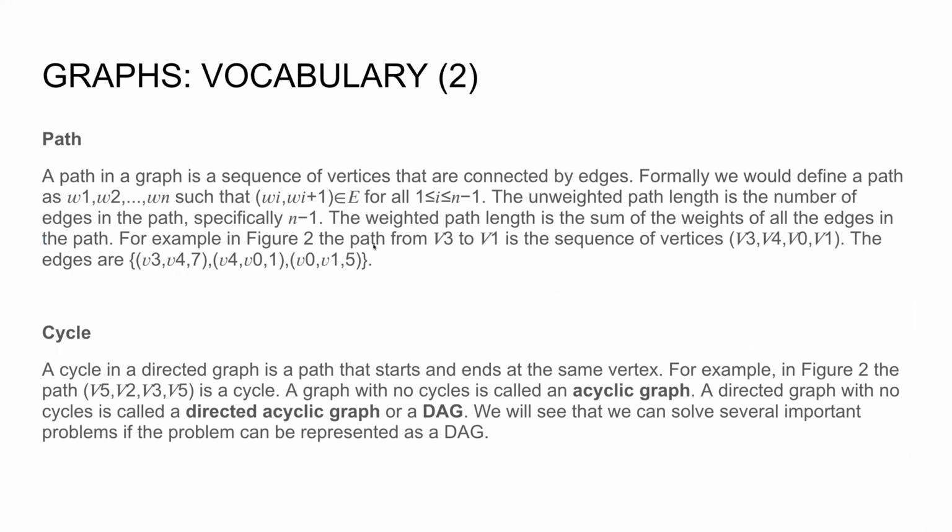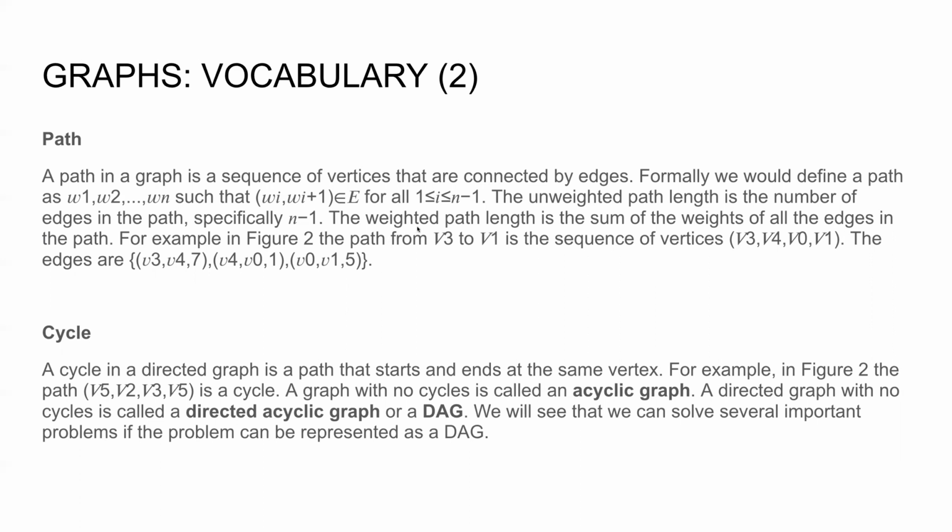Okay, so what is a path in a graph? Well, a path in a graph is a sequence of vertices connected by edges, right? It's like a map, you go from city A to city B, with a couple of nodes in the middle. Okay.